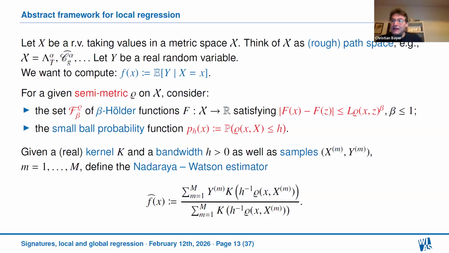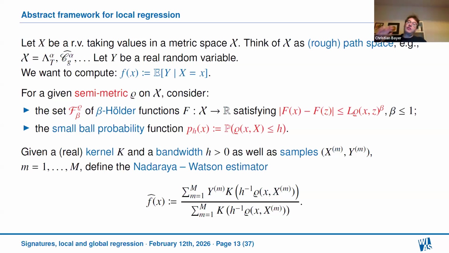Now, the second ingredient is small ball probabilities. So basically, in the end, we are going to use sampling methods. So we are going to use regression. That is, we have samples of the random variable x. And again, x is going to be a process, a stochastic process, right?